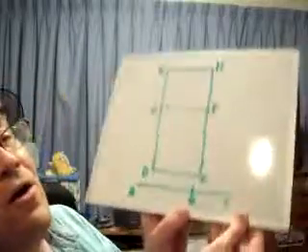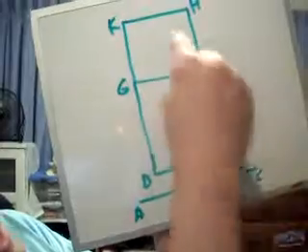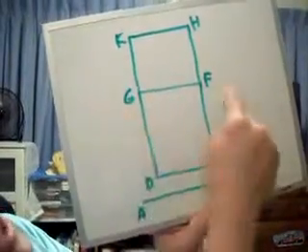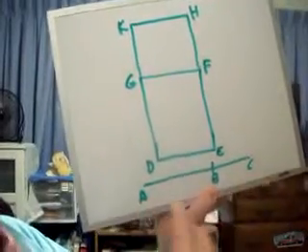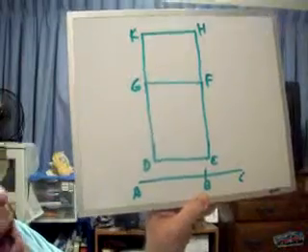Well, here's the diagram. You got a square up here, a rectangle down here. You got KH, GF, DE, and a line down here that says A, B, and C. That's what you've got.